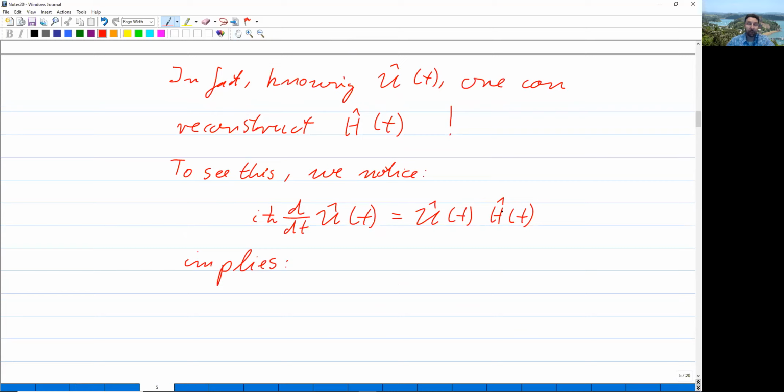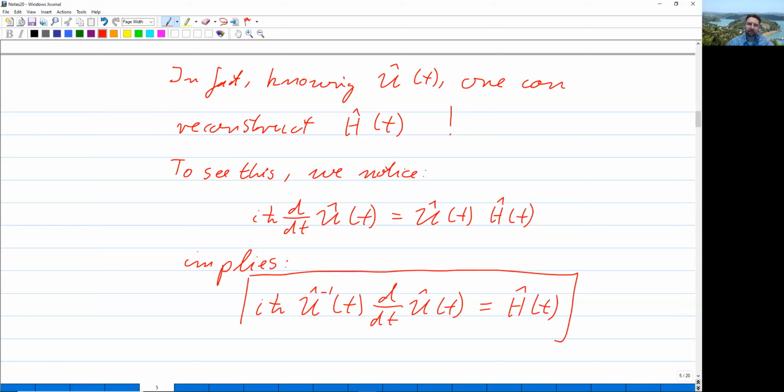And we can simply solve that equation for the Hamiltonian. So we obtain that i h bar u hat inverse of t d by dt u hat of t equals h hat of t. So what we have here is that given the time evolution operator, we can calculate what the Hamiltonian is.